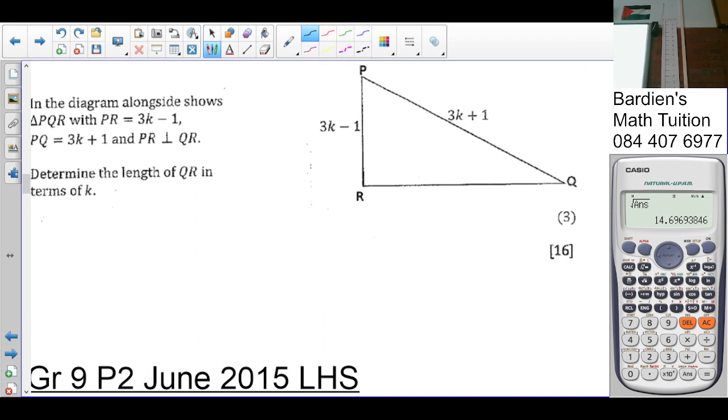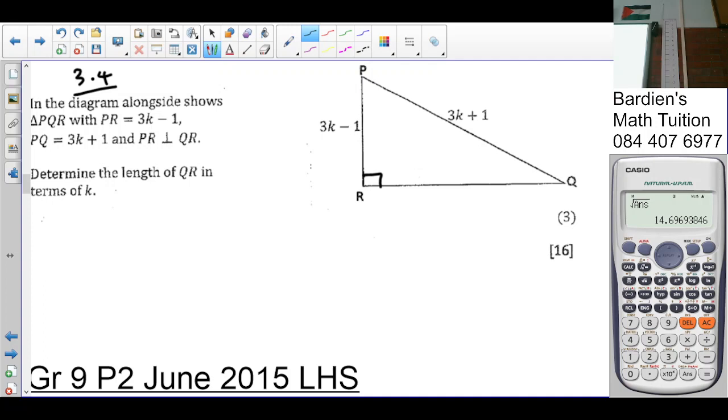There's 3.4. We are told that in the diagram alongside, triangle PQR with PR equal to 3K minus 1, PQ equal to 3K plus 1, and then we are told that PR is perpendicular. So what does that mean to say? I can use Pythagoras.